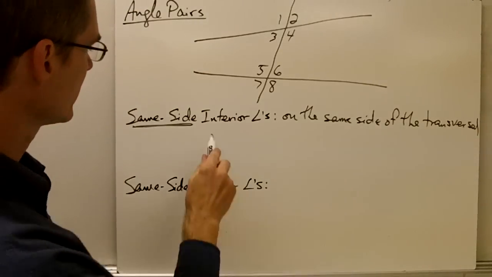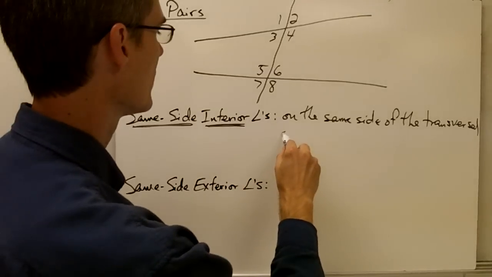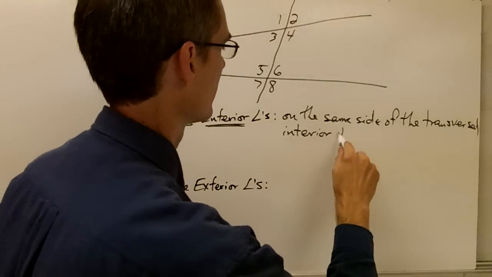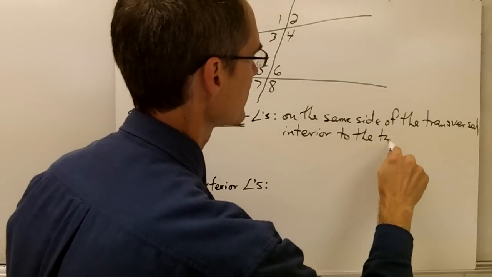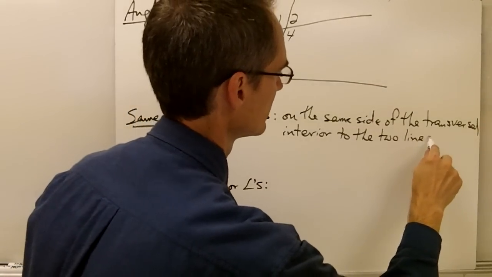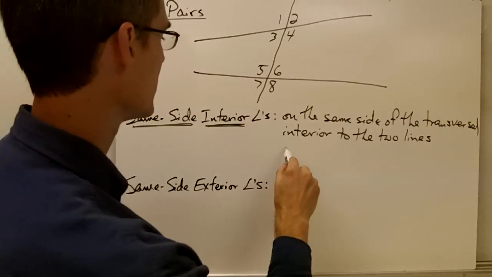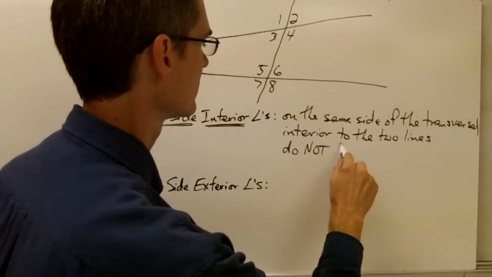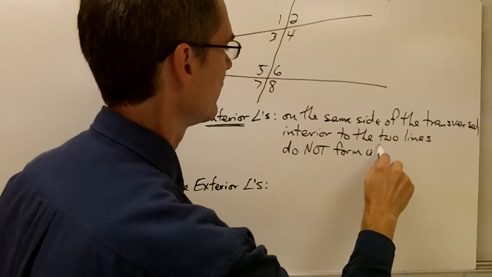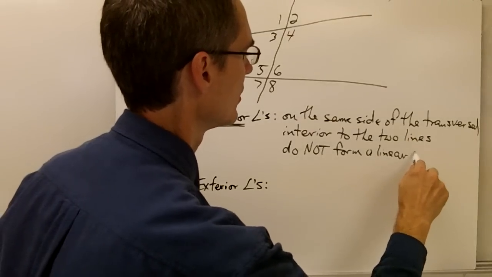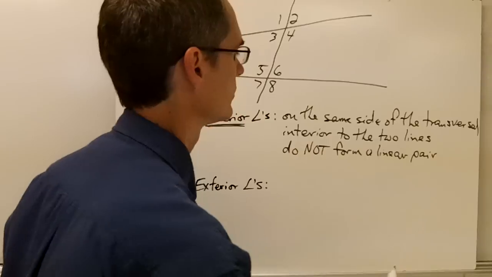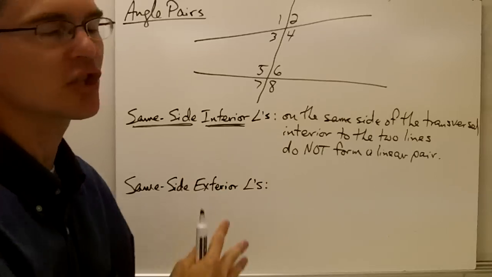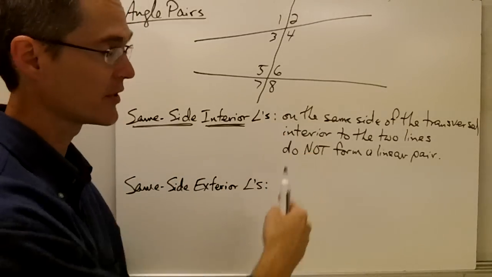The second characteristic, they are interior to the two lines. And the third characteristic is same-side interior angles do not form a linear pair.